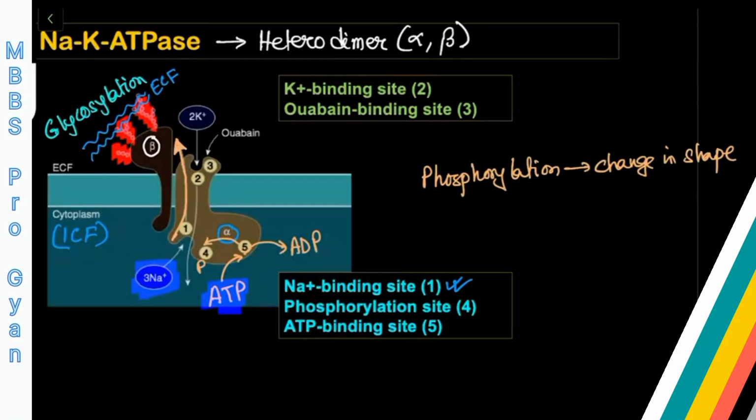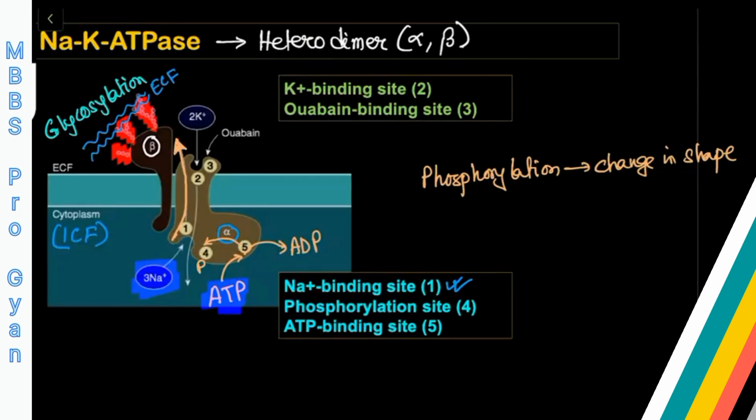Getting my point? I told you already that a carrier protein changes its shape, and because of the change in shape, the sodium which was attached inside is now moving to the outside. So phosphorylation is changing the shape, and that is throwing the sodium out of the cell.